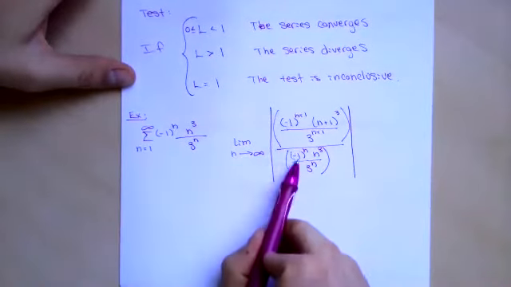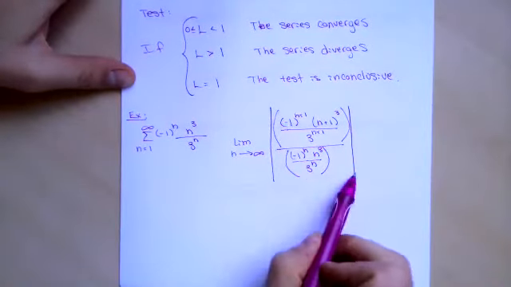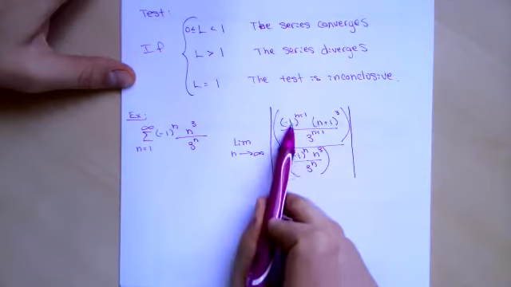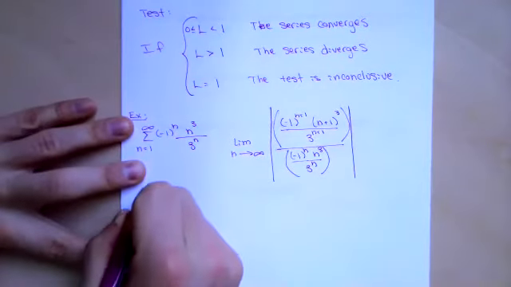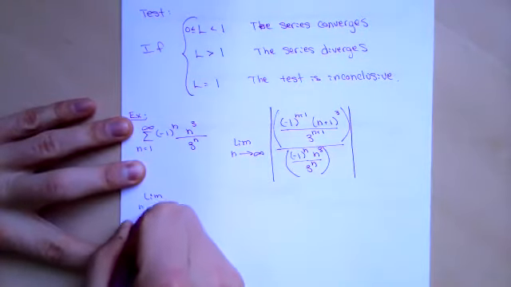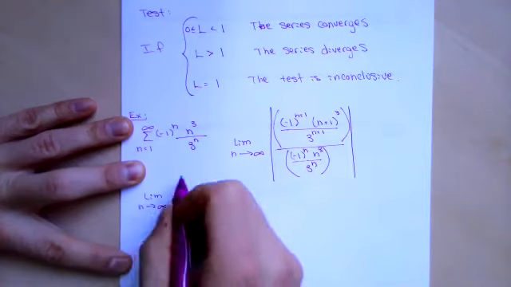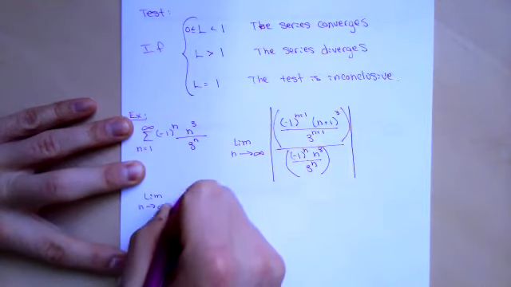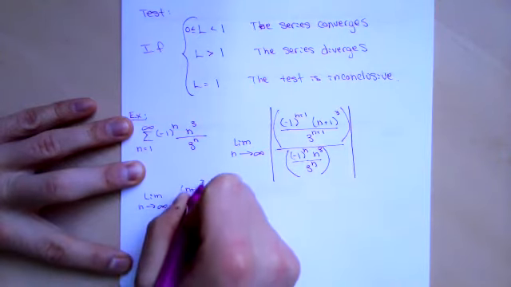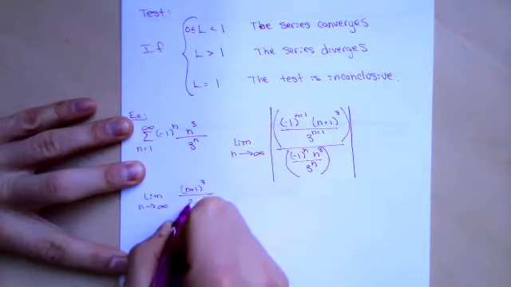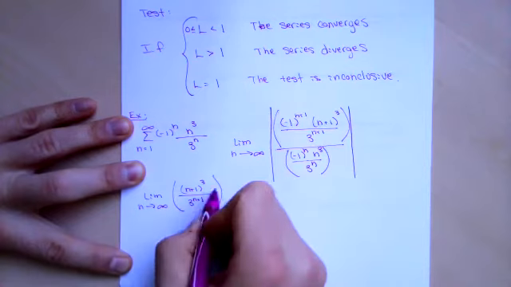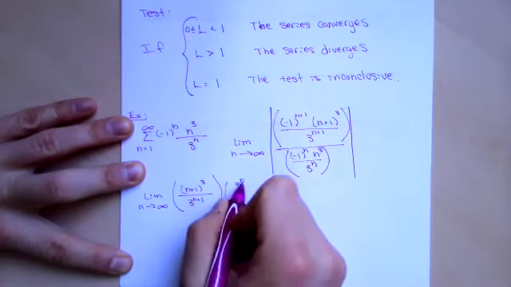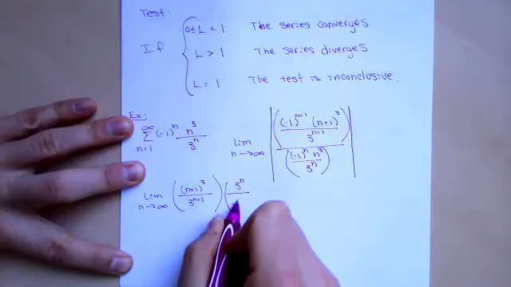So let's do the algebra on this. Because we're taking absolute values, the (-1)^n and (-1)^(n+1) are going to go away. It's just going to make everything positive. So we are considering the limit as n goes to infinity of (n+1) cubed over 3^(n+1), times the reciprocal of the denominator, 3^n over n cubed.